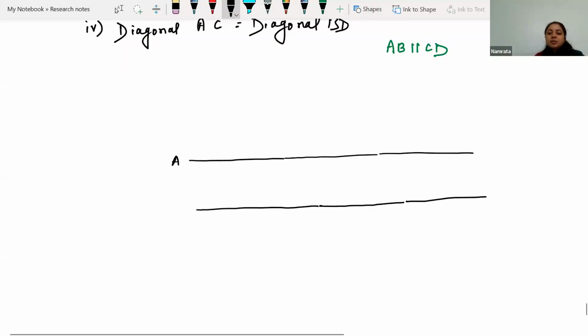AB over here is parallel to CD. Here we have, let's say, point O, here point M, here T, here S. But actually, AB is parallel to CD.